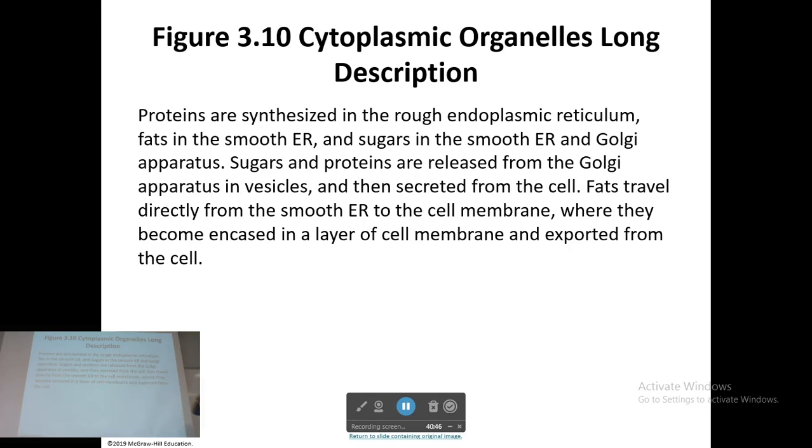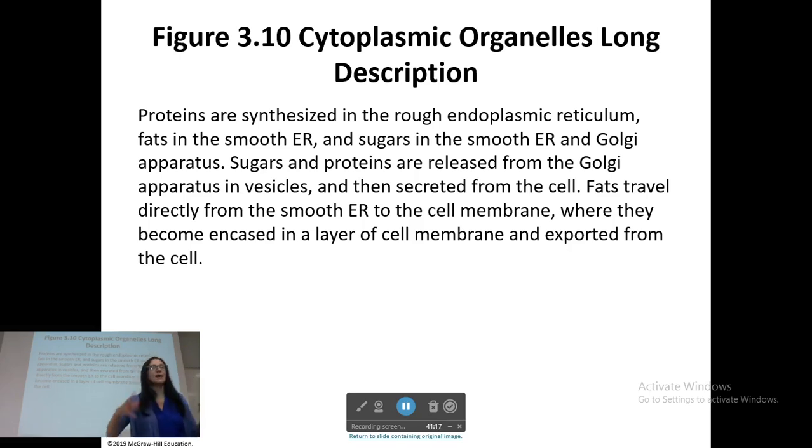The sugars and proteins are released from the Golgi apparatus in vesicles. Vesicles are like little bubbles in the cell. The vesicles are then going to be secreted from the cell. They're going to go to the cell membrane, open up, and be released to the outside of the cell. The fats are going to travel directly from the smooth ER to the cell membrane, where they can become encased in a layer of the cell membrane and exported from the cell.